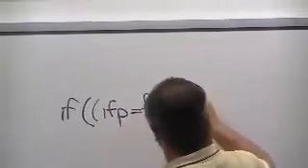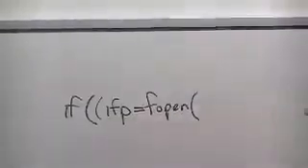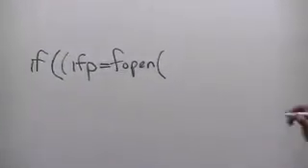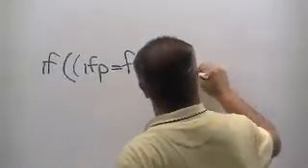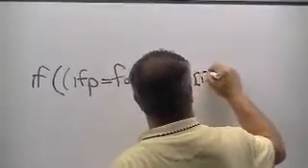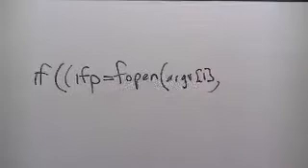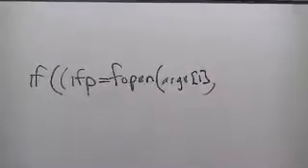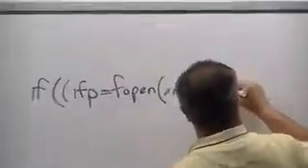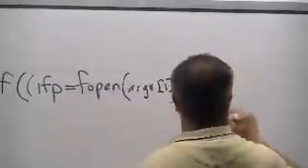Okay, so fopen, and it's shown in the other codes. And what's the name of the file that I'm going to open? argv of 1. What mode am I going to open it in? Read or write? Read. So I'm going to open it in read mode.